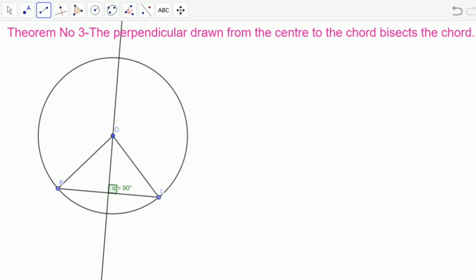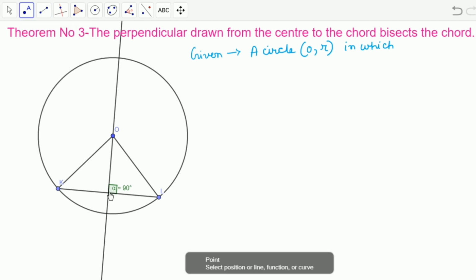So let's add the given. What's given to us? Given is a circle C, center O and R, right? In which we should name this point as M, right?